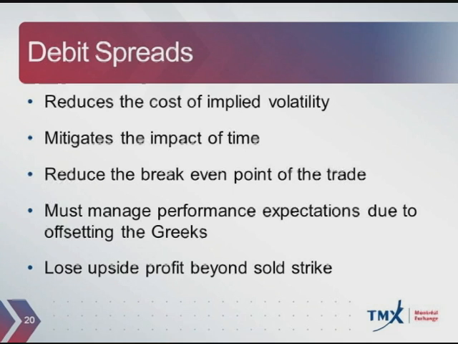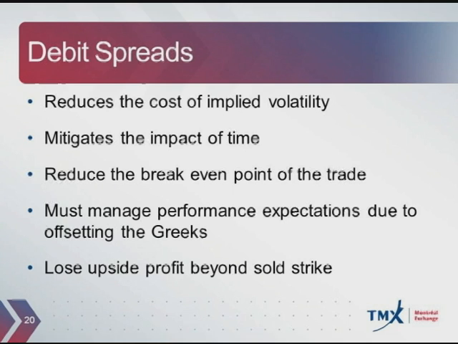And also, we have to come to terms with the idea that we've lost the upside profit beyond the written strike. Before you actually implement this strategy, you truly want to evaluate the stock and make a determination as to what is more important: lowering your cost and your break-even point and the impact of implied volatility, or being able to take advantage of an unlimited move to the upside.